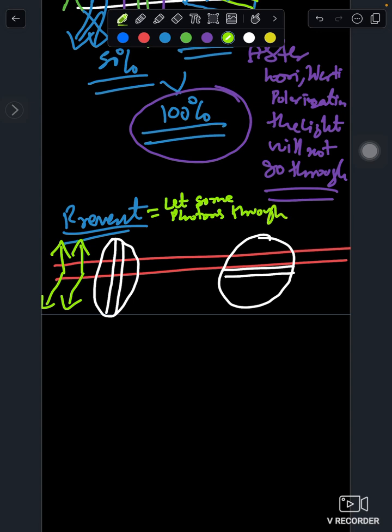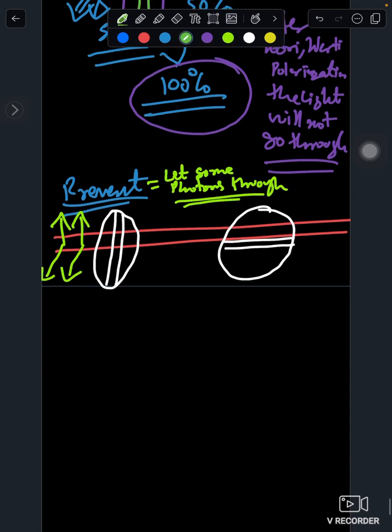Light is photons, so I can say let some photons go through. This will stop, and only these will travel now. Now what we will be doing is adding a third polarization paper, and this paper will be in a special form. It will be at an angle, and this angle is known as a 45-degree angle.